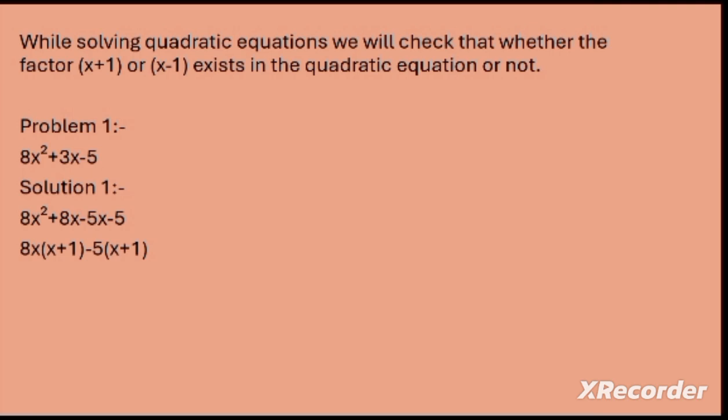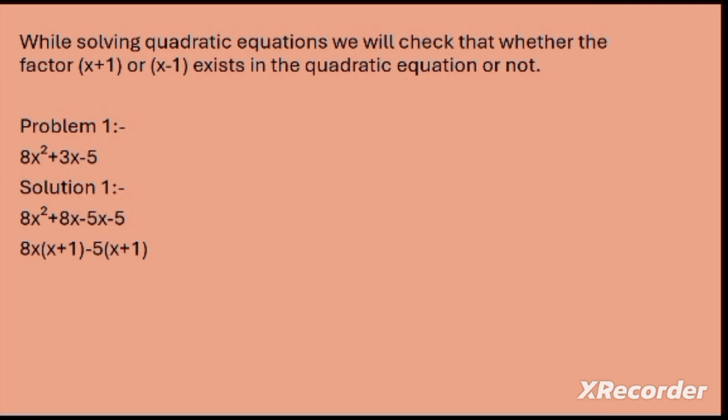And if I want to make the fourth term, which is minus 5, I will simply multiply minus 5 by 1, so I will get minus 5, which is the fourth term. So now you can see what we have. We have 8x multiplying with x plus 1 and minus 5 multiplying with x plus 1.